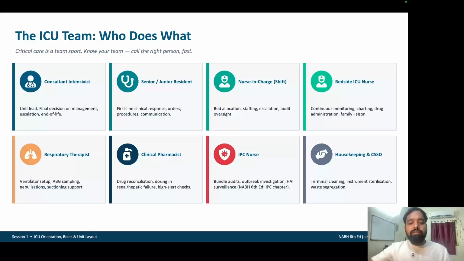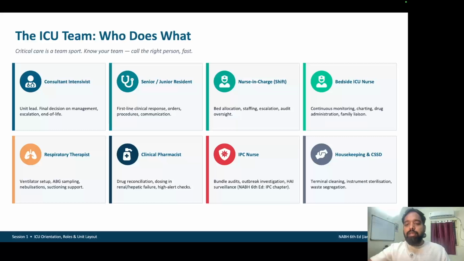The clinical pharmacist will take care of drug reconciliation, dosage in renal and hepatic failure patients, and high alert medication checks. The infection prevention and control nurse will take care of bundle audits, outbreak investigations, and hospital acquired infection surveillance as per the NABH norms.